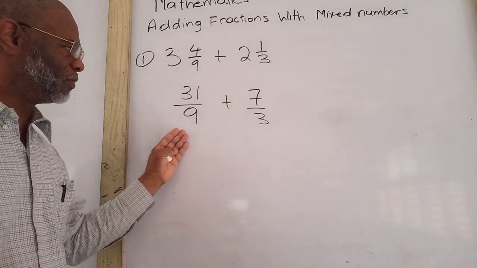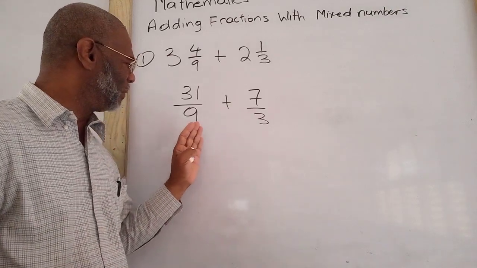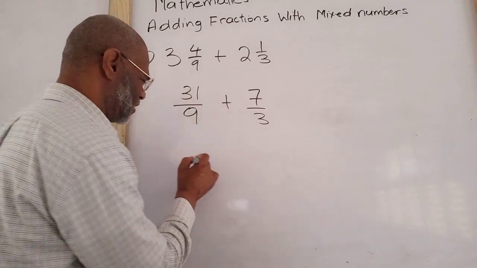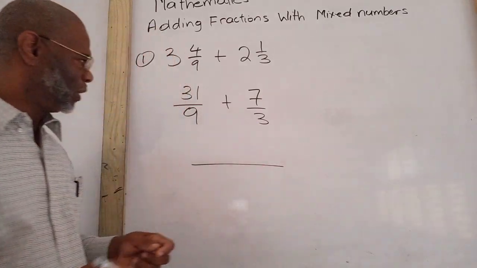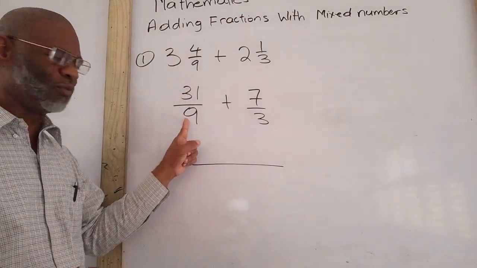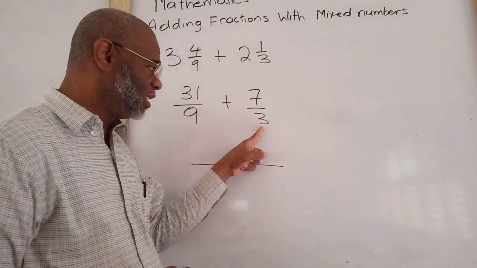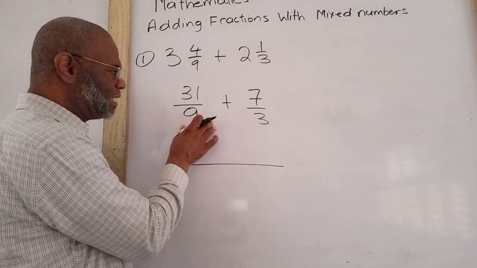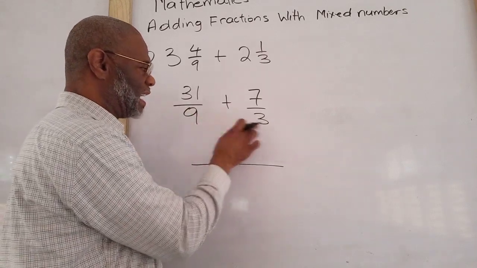Now we need to find the lowest common multiple for 9 and 3. We know that 9 will go into itself one time, and 3 can also go into 9 without a remainder. So 9 is the least common multiple of 9 and 3.